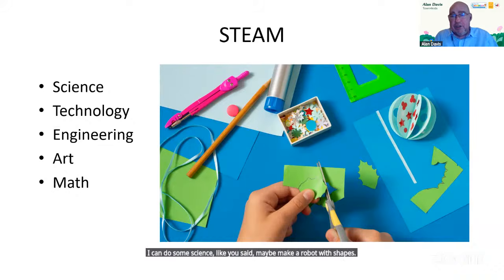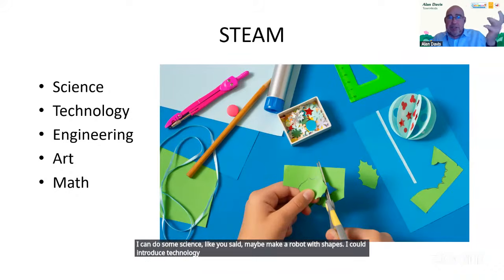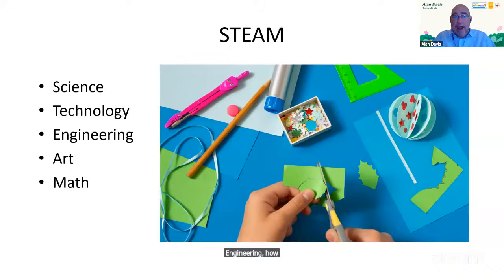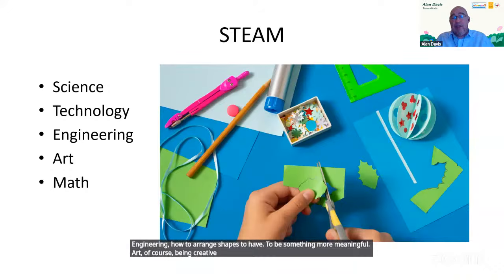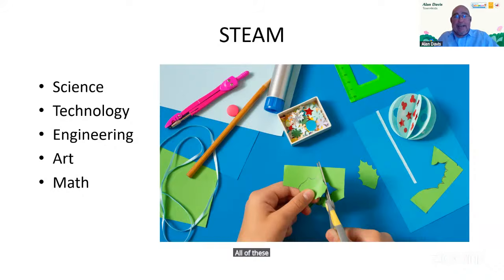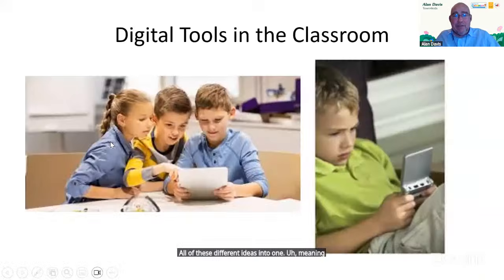I can introduce technology, which I just did by using some of the digital programs. Engineering, how to arrange shapes to be something more meaningful. Art, of course, being creative with shapes, and then even math. So there are lots of ways to bring all of these different ideas into one meaningful activity.